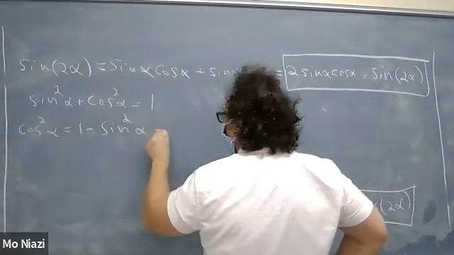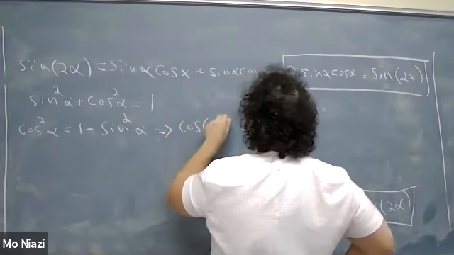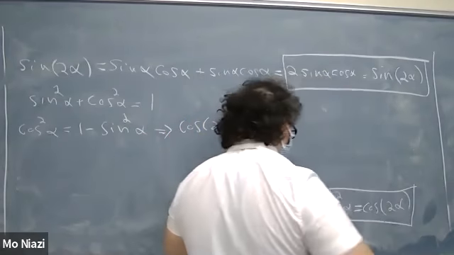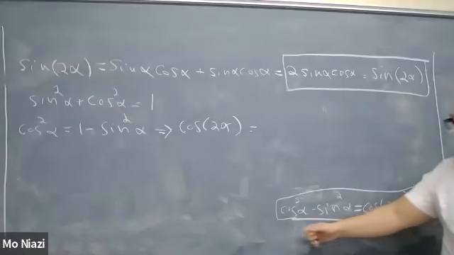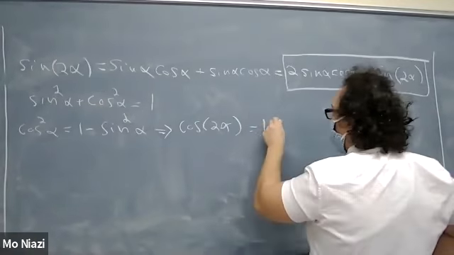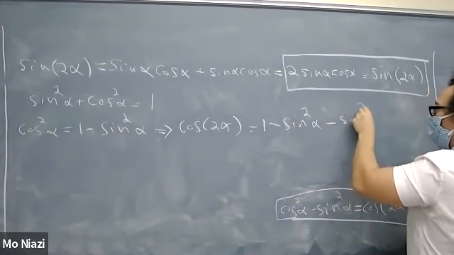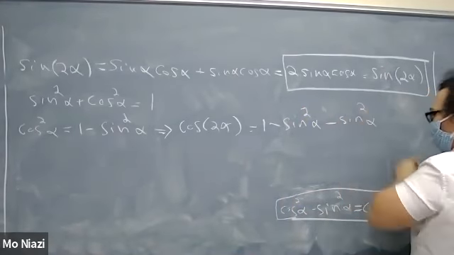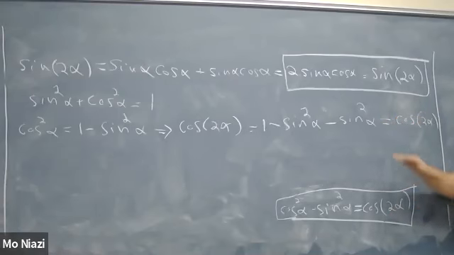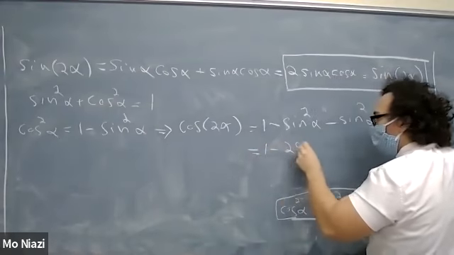Notice that this implies another equivalent formulation for the cosine of 2 alpha: if I replace this cosine squared of alpha with this 1 minus sine squared alpha, that goes here, and then I got to put a minus. And that always equals our cosine of 2 alpha. Oh, but notice that that minus itself, this implies that this equals 1 minus 2 sine squared alpha.